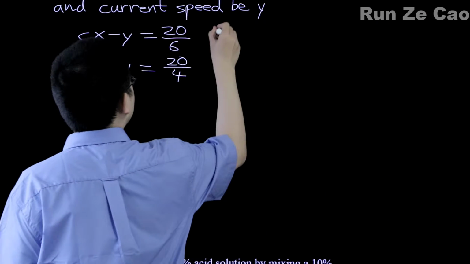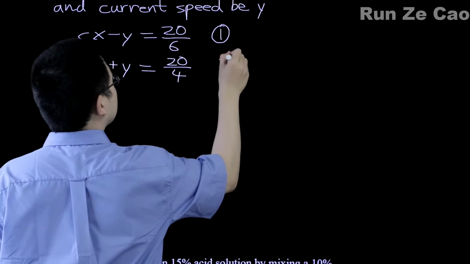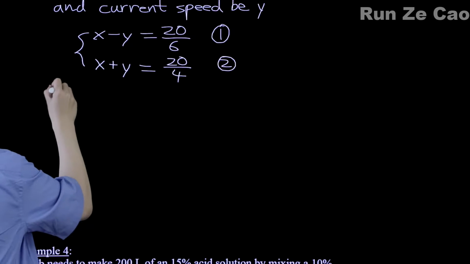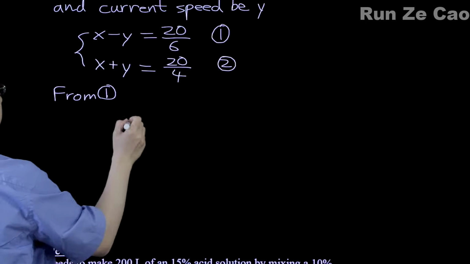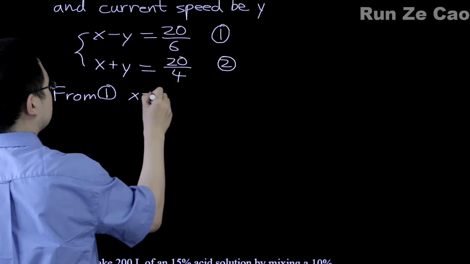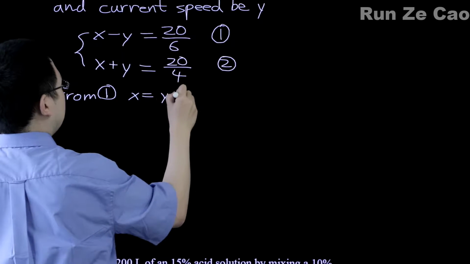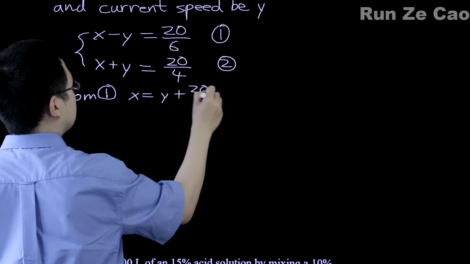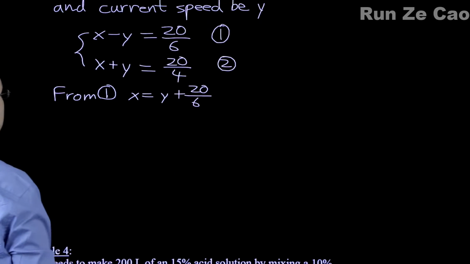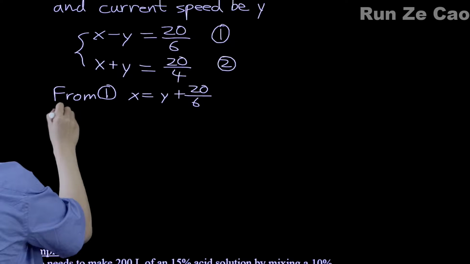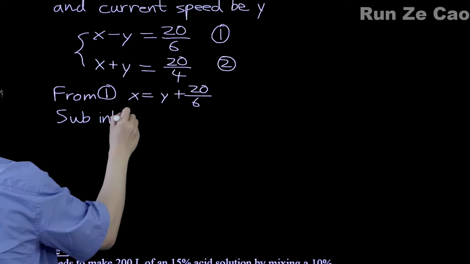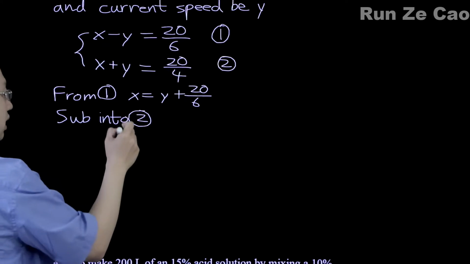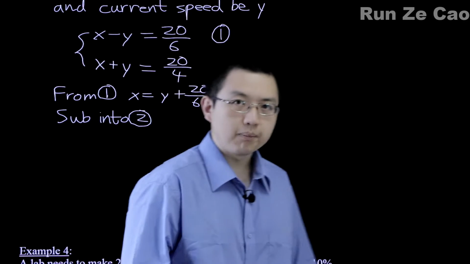So 1, 2. From 1, x equals y plus 20 over 6, and sub into 2. Why do we always sub into the one that we didn't get it from?